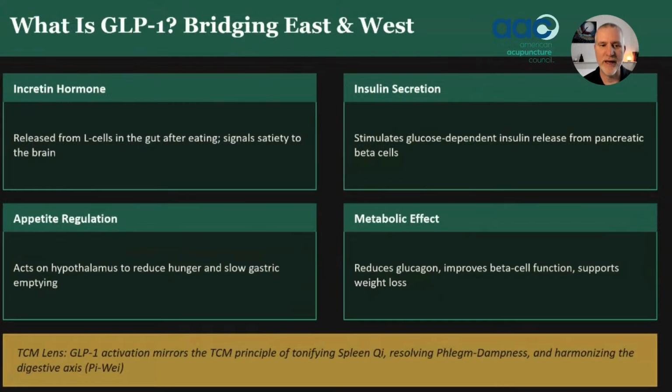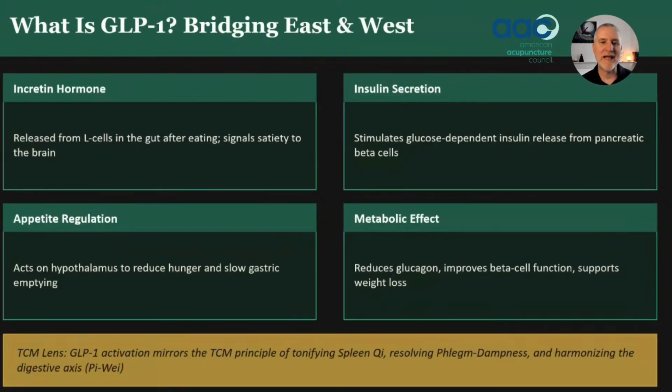So that's one aspect. It also affects insulin secretion. It stimulates glucose-dependent insulin that's released from the pancreatic beta cells. So it goes out and affects the pancreas, and it stimulates it to help regulate glucose metabolism and levels.